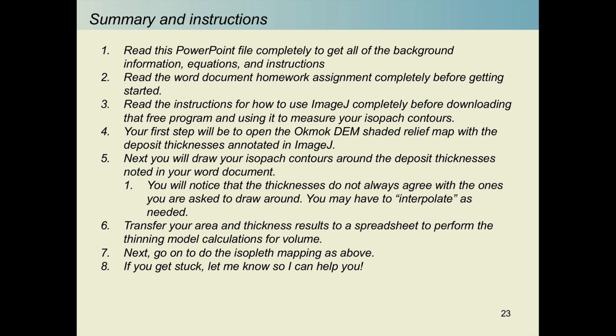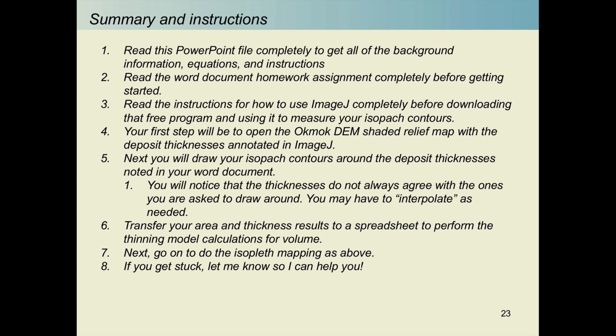So your first step is going to be to download the Okmok DEM shaded relief map from Blackboard, and you're going to upload that into the ImageJ program so that you can annotate it and make your measurements using that program. So you'll draw the isopach contours around the deposit thicknesses in ImageJ. You're going to use the thicknesses that are given to you in your Word document and also in the example Excel spreadsheet.